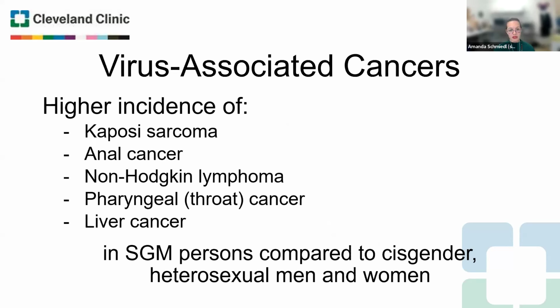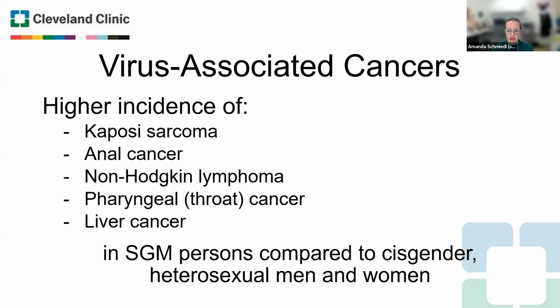So virus-associated cancers are a little bit more nuanced, but these can be HPV or HIV associated. And those with HPV or HIV viruses have a higher incidence of several types of cancers, including Kaposi sarcoma, which is a cancer of the lining of the blood vessels and the lymph vessels.